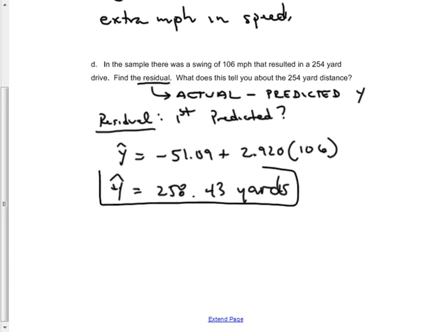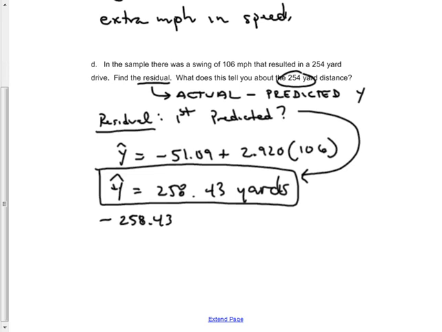So here's my predicted. Our actual was 254. So my residual is 254 minus 258.43. That's going to give us a negative value. So we're going to end up with a negative value of 4.43.